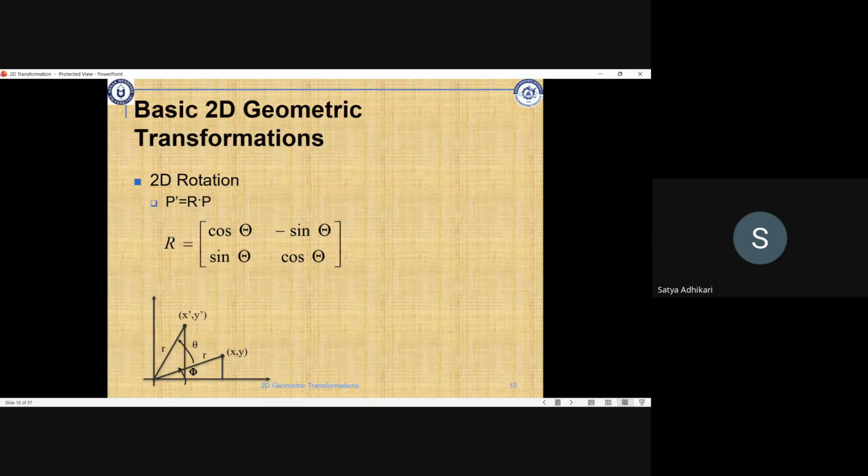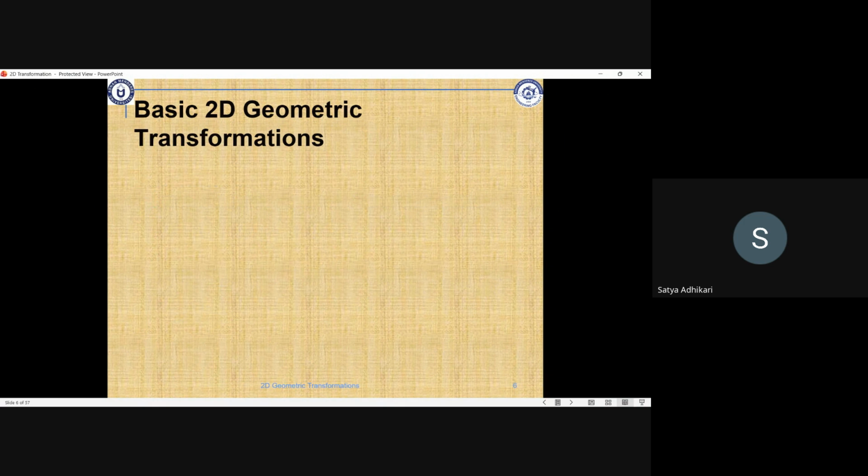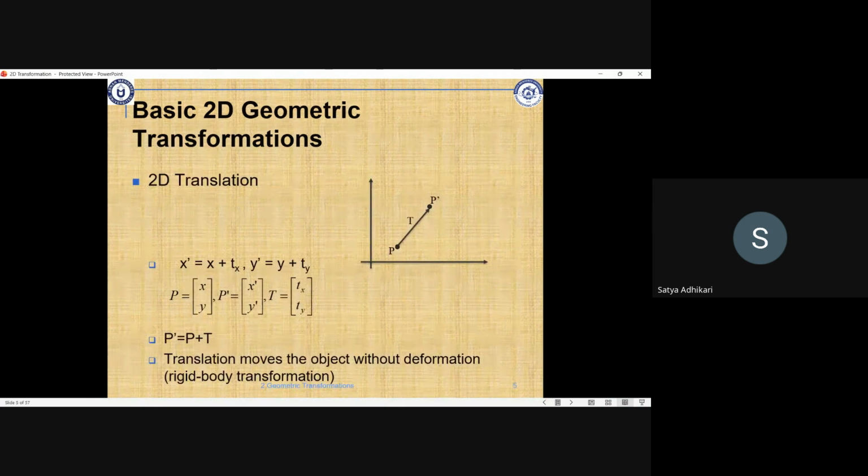Translation is P dash equal to P plus T. You see, in the previous year, translation is written as P dash equal to P plus T. That is, the translation matrix is added to P, and you will get P dash.